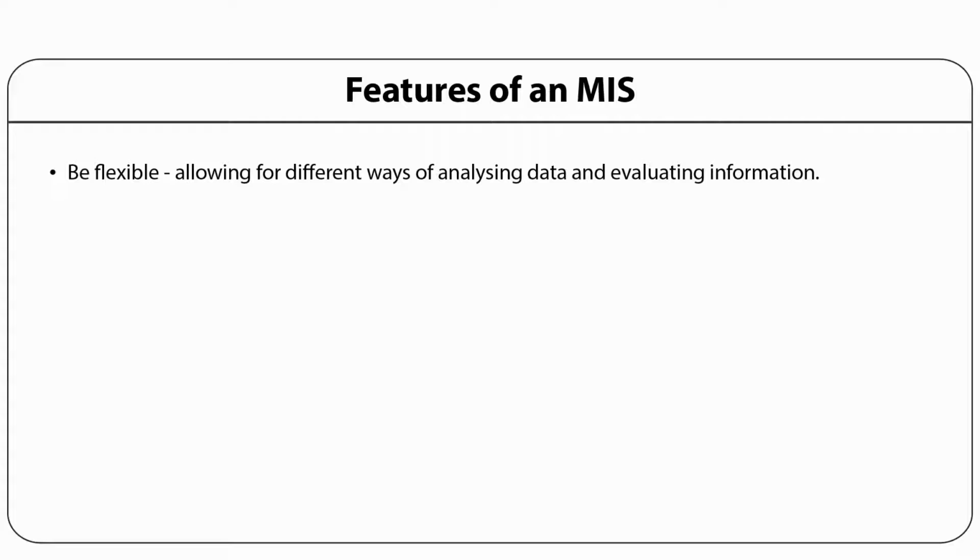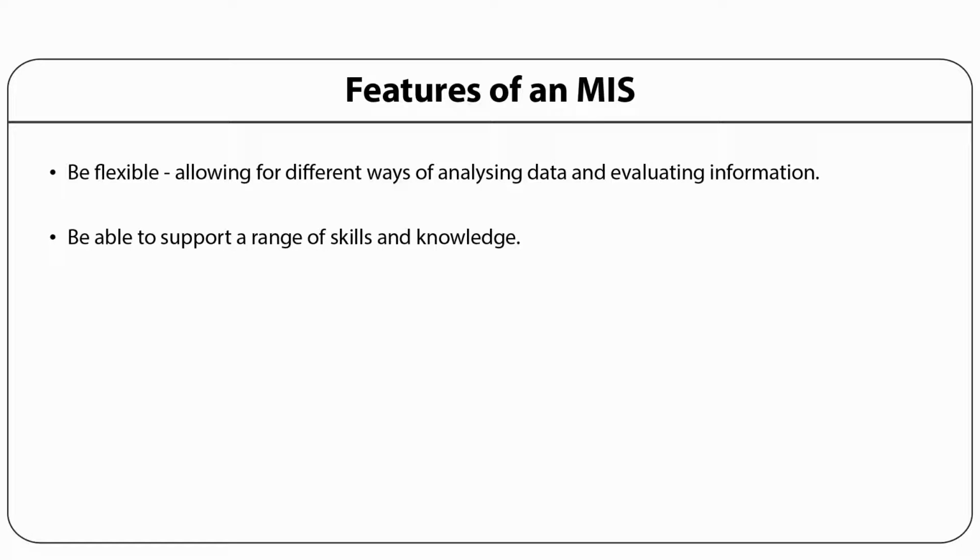Features of an MIS. Let's take a look at some of the features of any typical management information system. Firstly, it should be flexible, which means that it should allow for different ways of analyzing data and evaluating information. Secondly, it should be able to support a wide range of skills and knowledge.